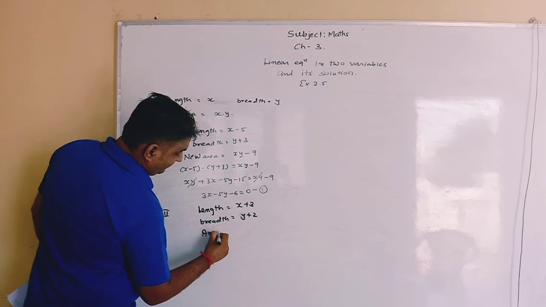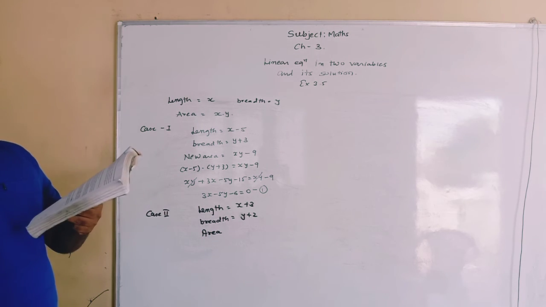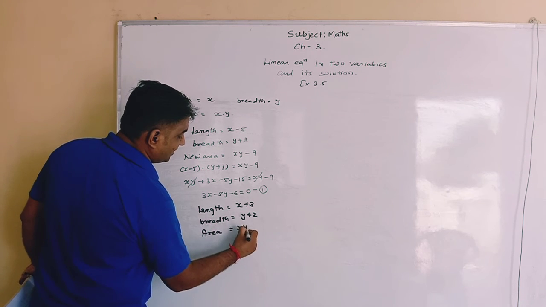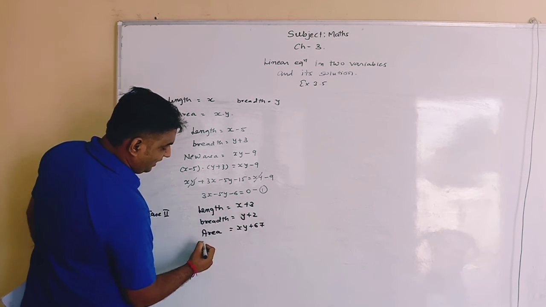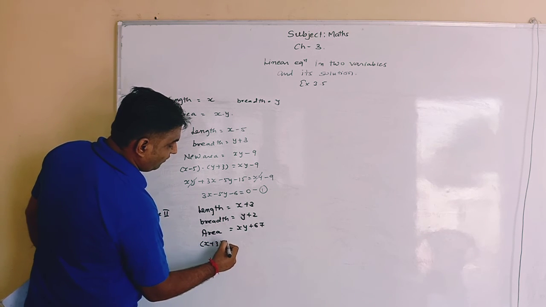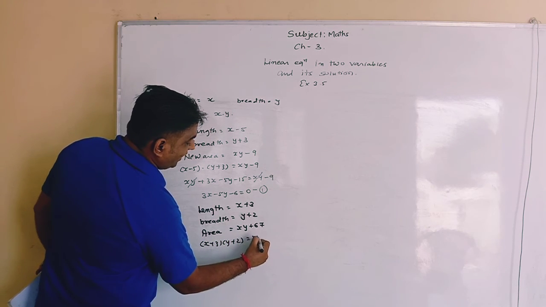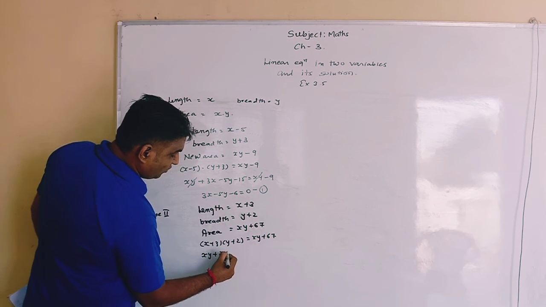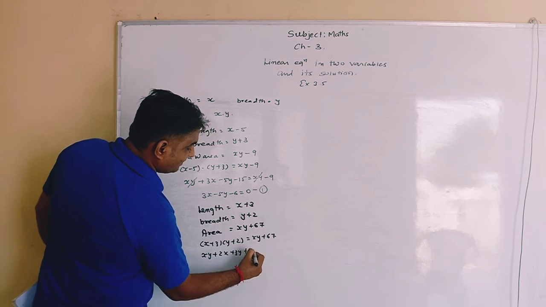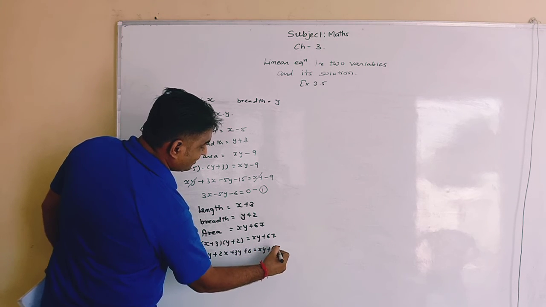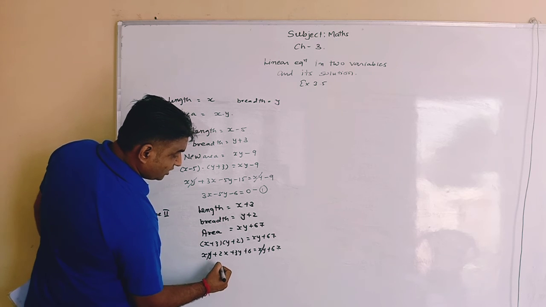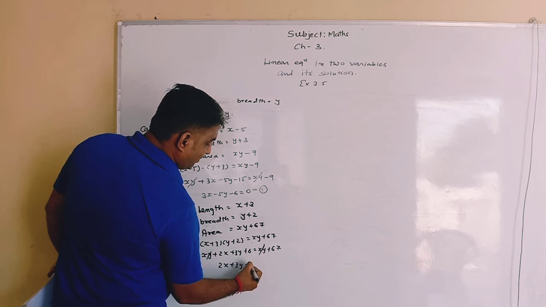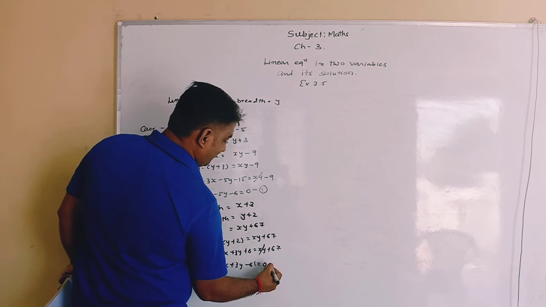Then the area increased by 67 square units, so xy plus 67. And so here the area will be x plus 3 into y plus 2 equals xy plus 67. So we multiply: xy plus 2x plus 3y plus 6 equals xy plus 67, so xy cancels. So it is 2x plus 3y, and 67 will come this side, minus 61 equals 0.